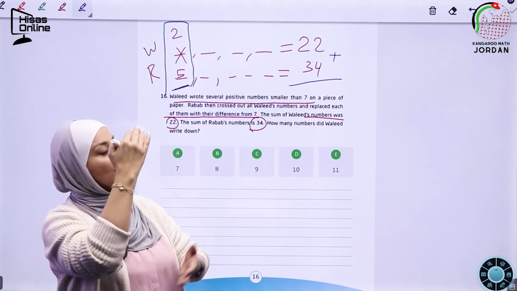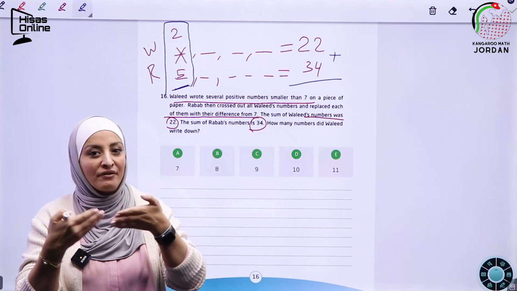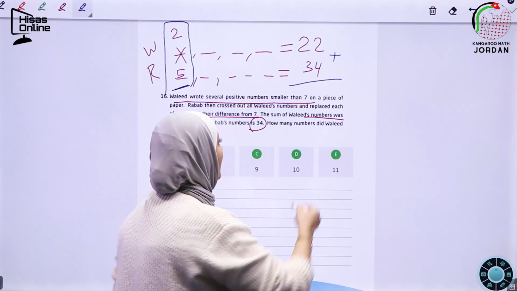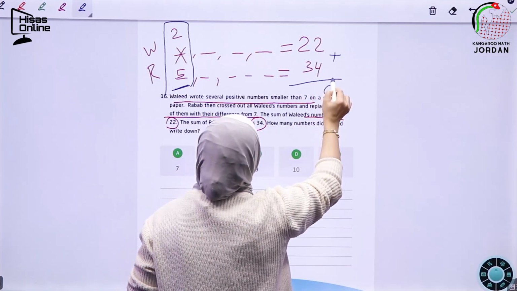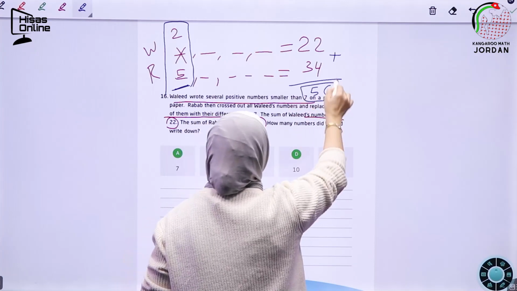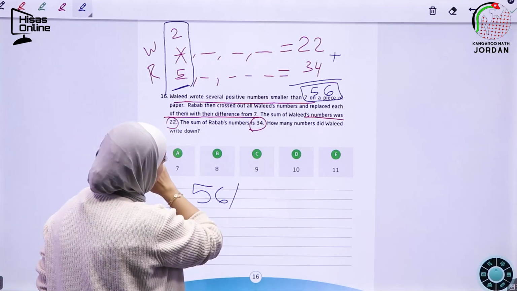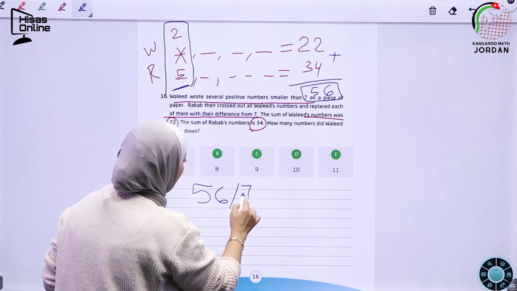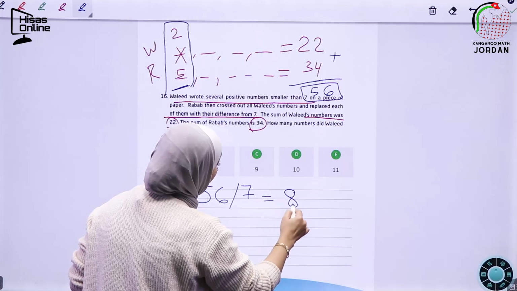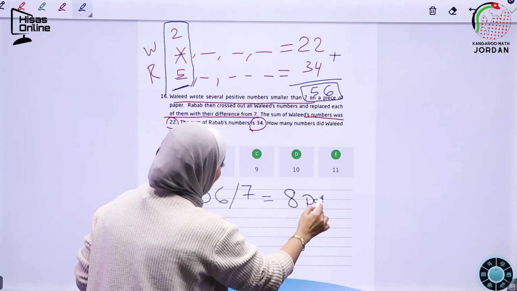Because 7 is the common number in each pair. That makes 56 as the total sum. So 56 divided by 7 means we have 8 pairs.